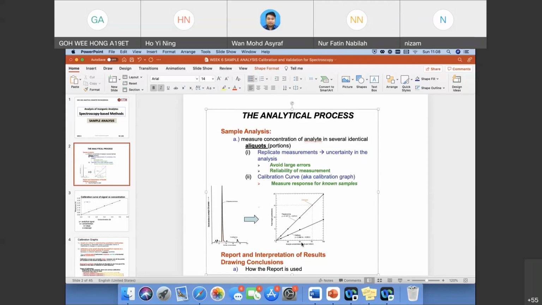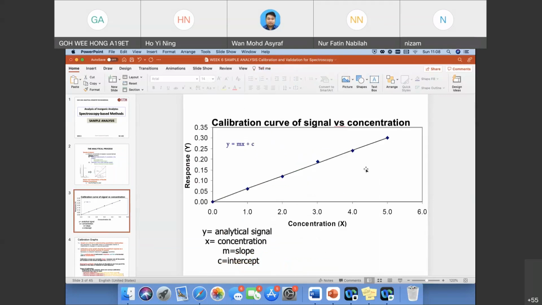I know it's hard to imagine it right now. After this, we will be looking at it. But the function of a calibration curve is for you to measure the response of your known samples. Known samples here, you need to understand that to form a calibration graph or a calibration curve, you need to use standards with known concentration. You yourself know the concentration of it. All right. So this is an example of a calibration curve, the graph as well.